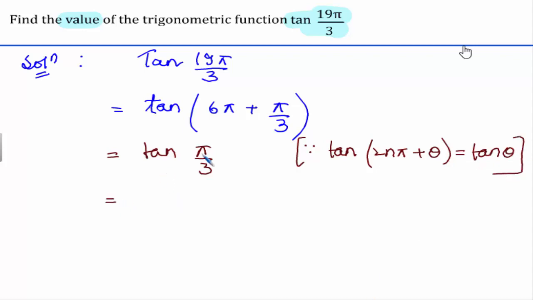Now we know that tan pi by 3, that is tan 60 degrees, is square root of 3. Therefore, tan 19 pi by 3 is equal to square root of 3. This completes the solution.